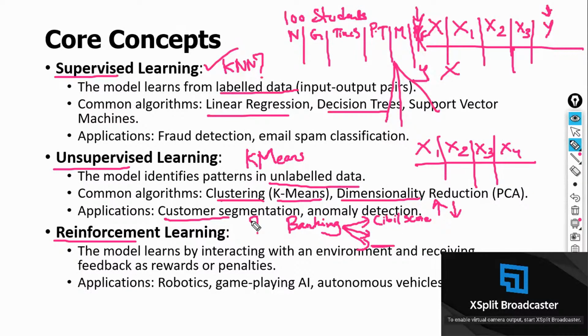So who is actually doing this segmentation? The segmentation is done based on the data. If you don't have the data, obviously we cannot segment. But once you have the data, you have to use some unsupervised algorithm like k-means, agglomerative clustering, or DBSCAN clustering.